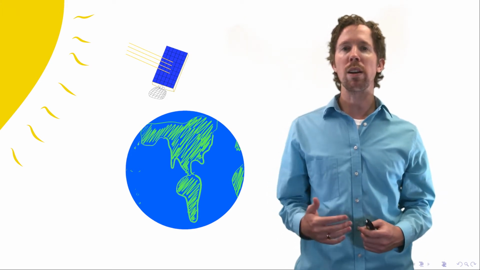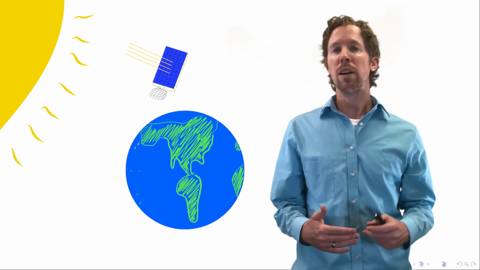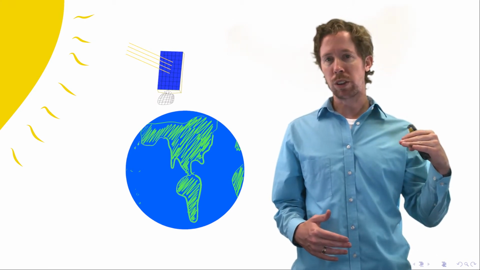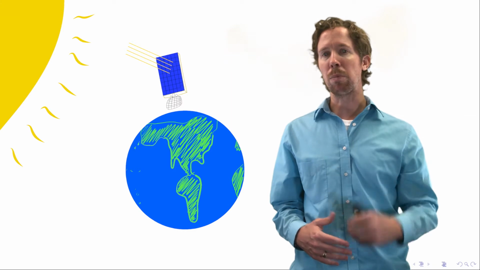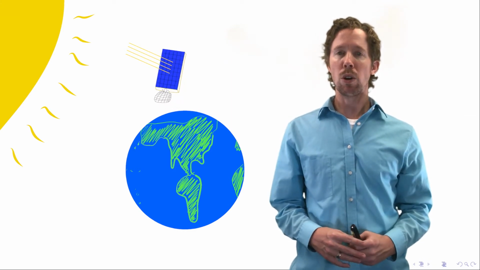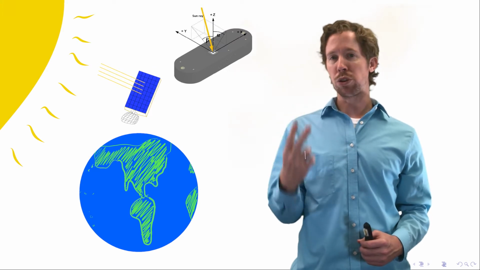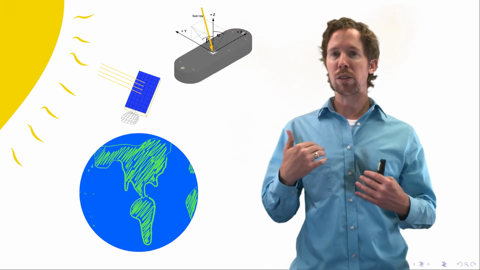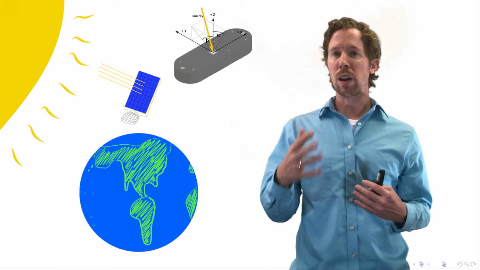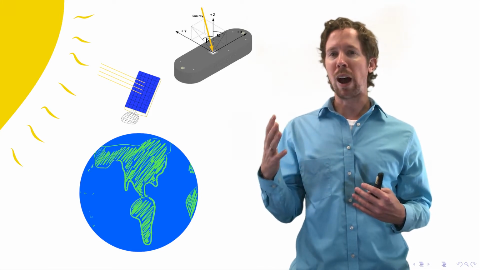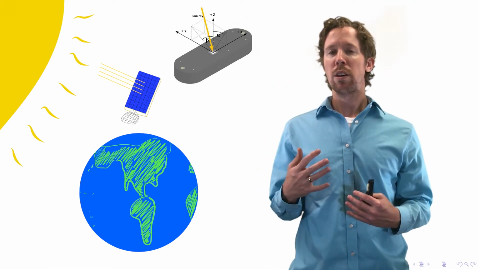And one quantity that will come up that will be important is the angle at which the sun's rays are coming in and hitting your panel. So you'll have a sensor like this one that measures two angles. It'll take in the sun's rays, and then what it will tell you is these two angles labeled alpha and beta in this picture.